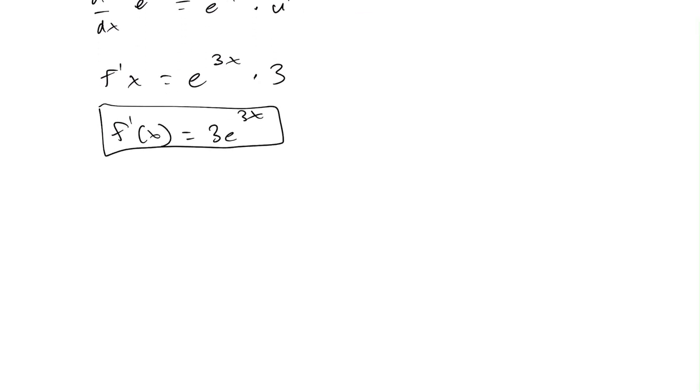Let's try 2 more problems. Let's say I were to tell you to find the derivative of 5 to the 2x plus 1. Firstly, we can let u be equal to 2x plus 1, and then we can let u prime be equal to 2.